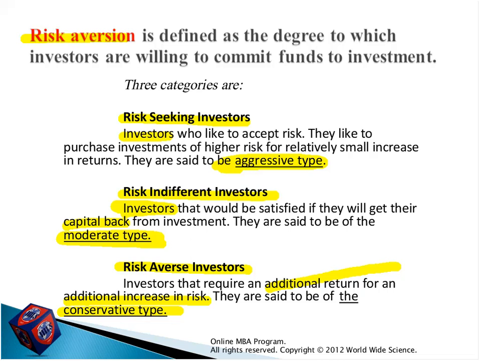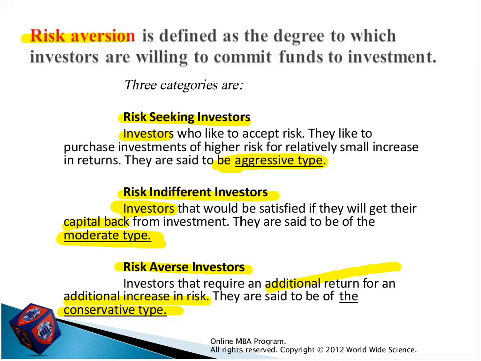If you are an investor, or are going to be an investor, or have already made some investment, you can find your type. Are you the aggressive type? Never mind how much return you get, you can accept the project. Or are you the moderate type, who needs at least to get your investment money back? Or are you the conservative type, who for additional risk must get additional profit?